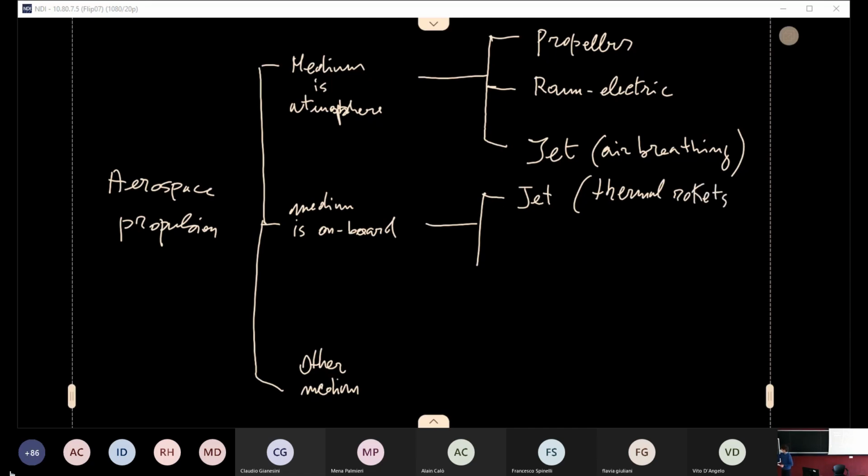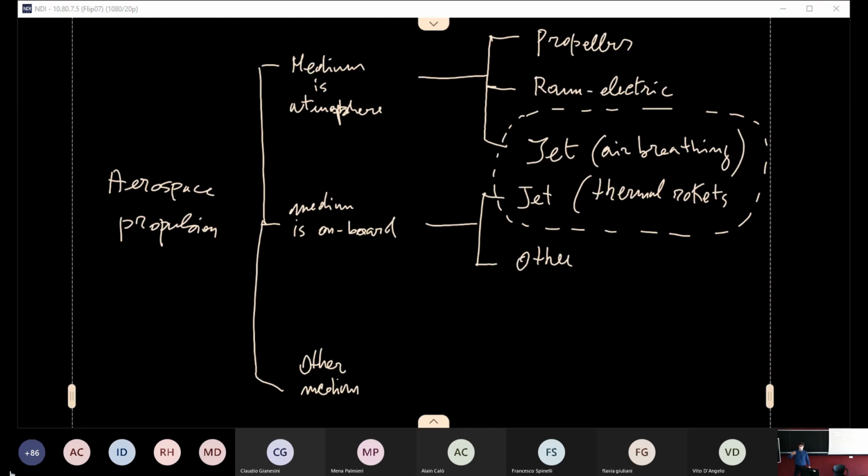Or, for the moment, we say other. So that we can identify here our jet propulsion, either air breathing or rocket, and we have here something which is not jet propulsion.